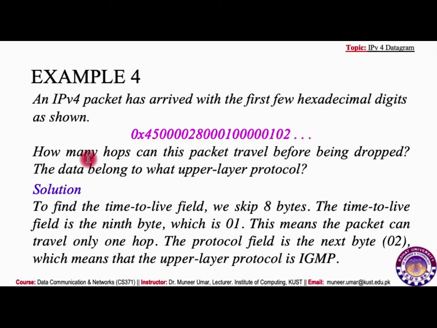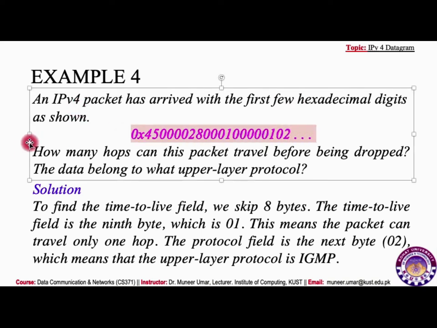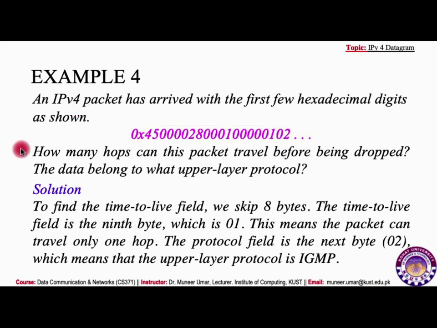We have an example. An IP version 4 packet has arrived with the first few hexadecimal digits as shown. Here we have some hexadecimal digits for this IP version 4 packet. How many hops can this packet travel before being dropped? The data belong to what upper layer protocol?